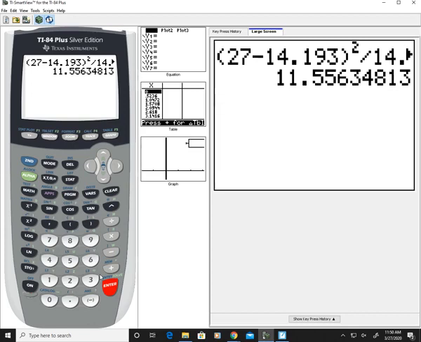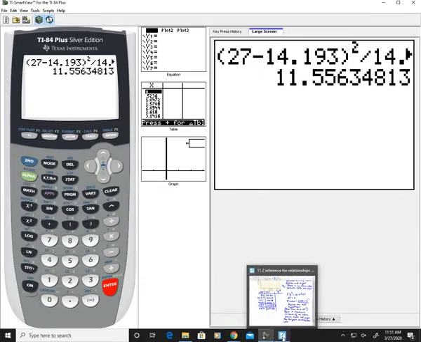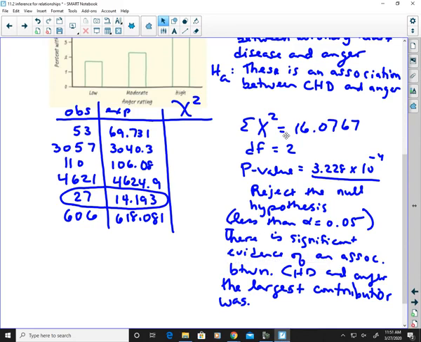The sum of the chi-squareds was 16.1 roughly, and 11.6 of it came from the people who have high anger. So anger really does seem to be associated with coronary heart disease. So I'm going to write that number down, 11.6.